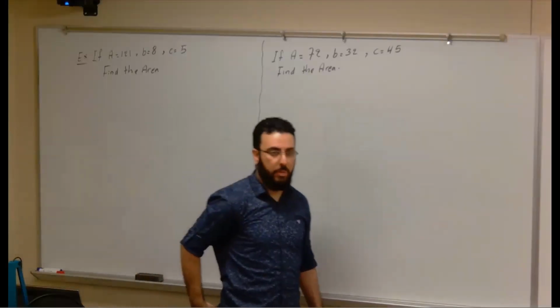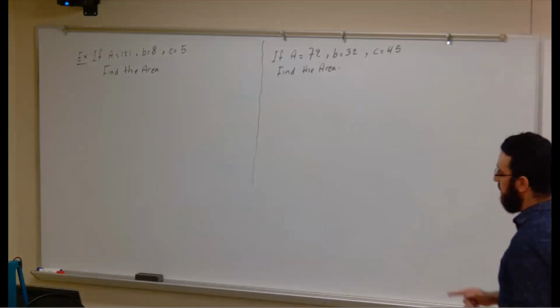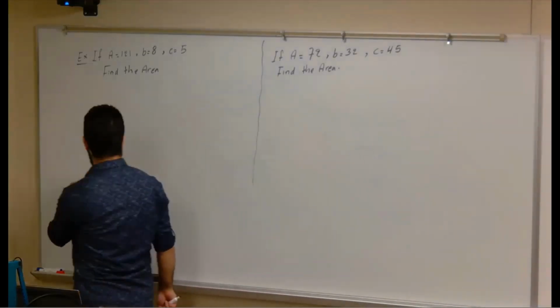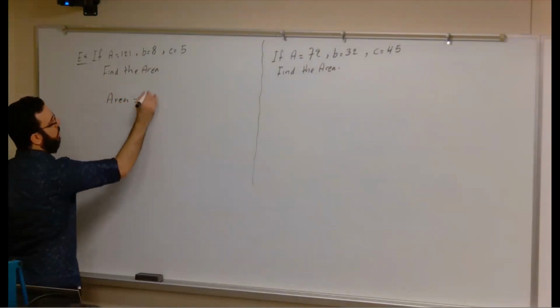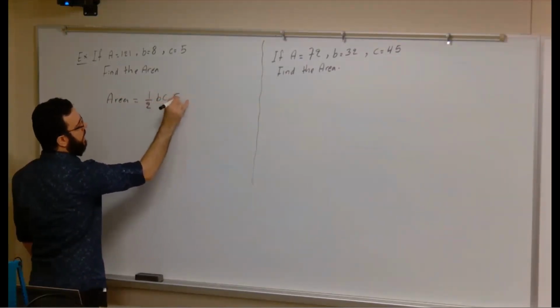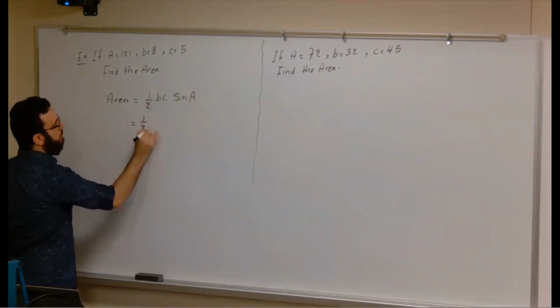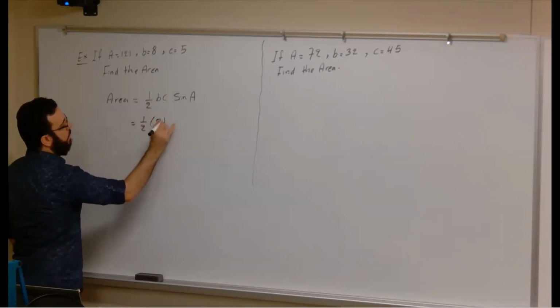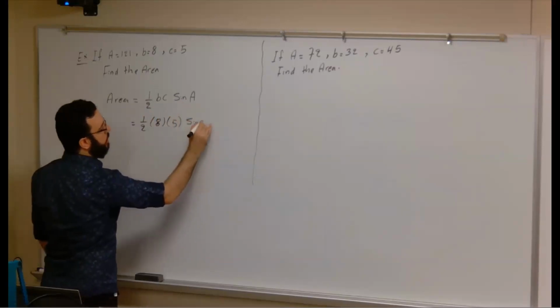Now, here are two examples about finding the area. The first one, they're telling you A is 121, B is 8, and C is 5. C is a side. Which one are you gonna use? The area is equal to half, we have side B, side C, sine A. B is 8, C is 5, sine A is 121.